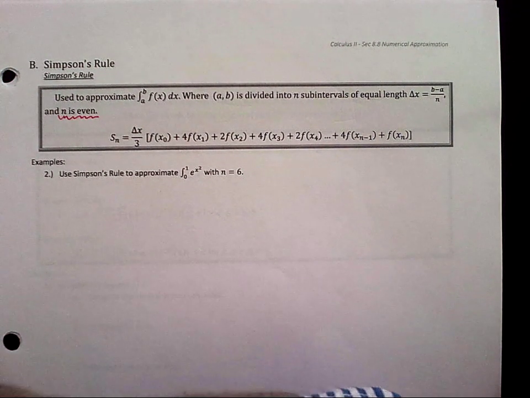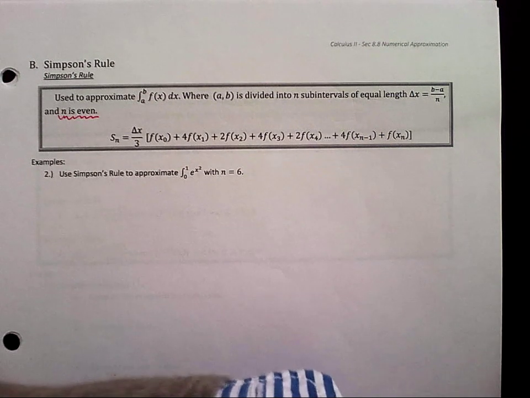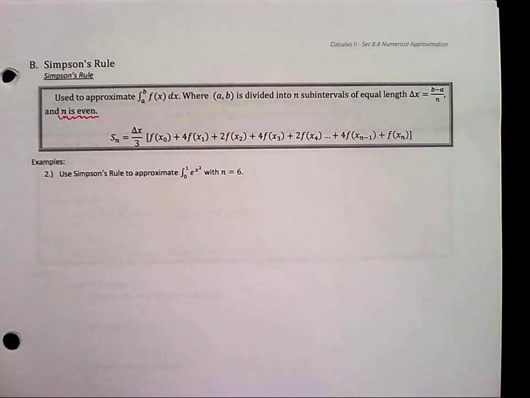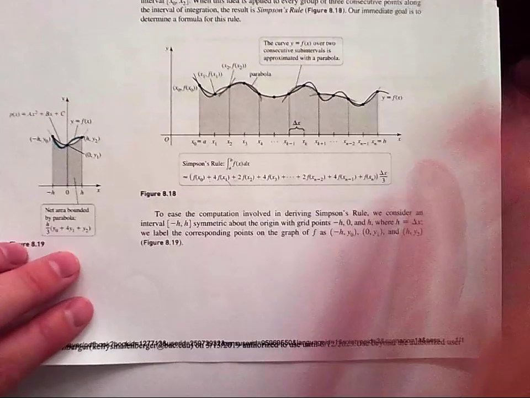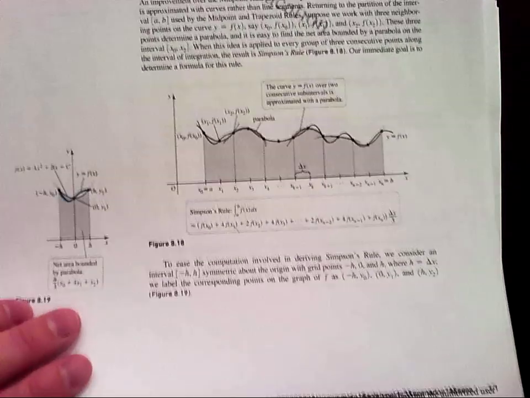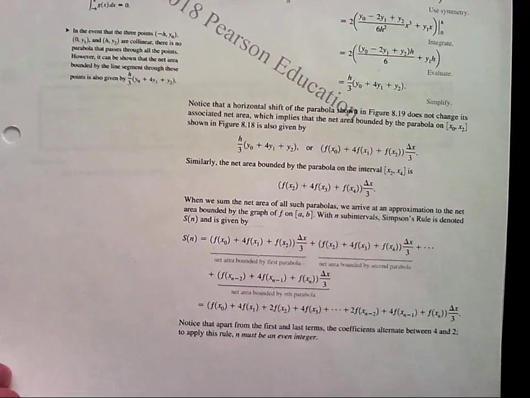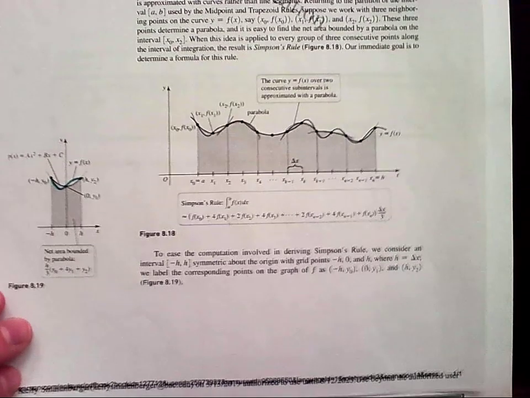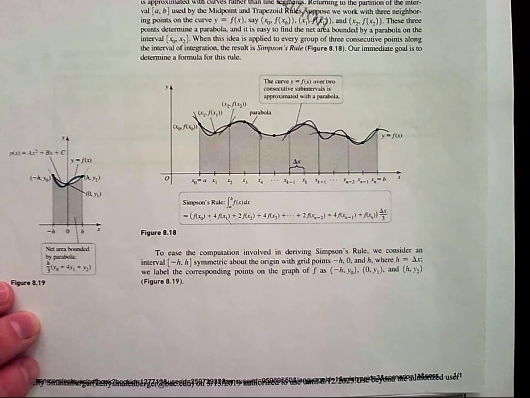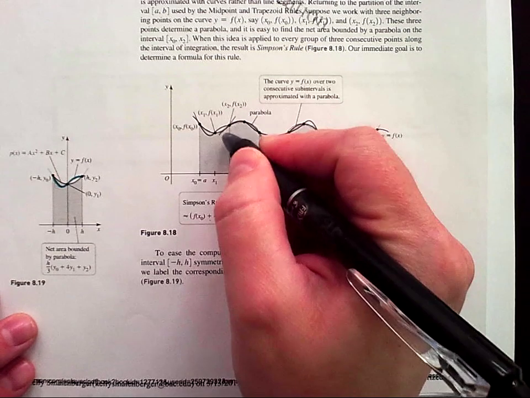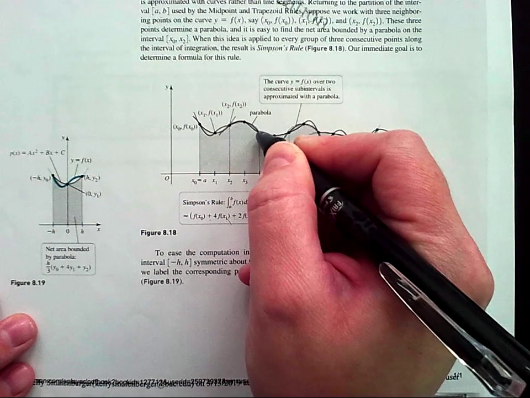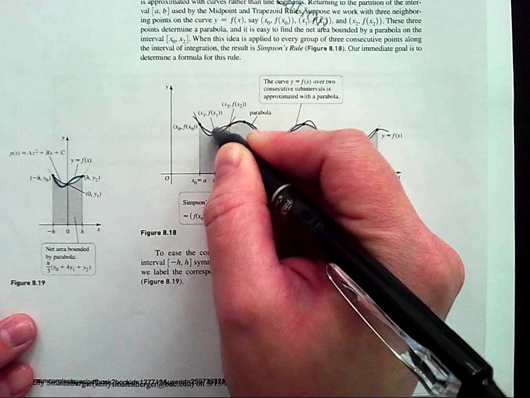I did print out from the textbook where Simpson's rule comes from. Let's see. So Simpson's rule, this is a picture of it. If you guys go to grad school for math, this is very similar to something called the finite element method, where you're approximating curves so that you can approximate that area.